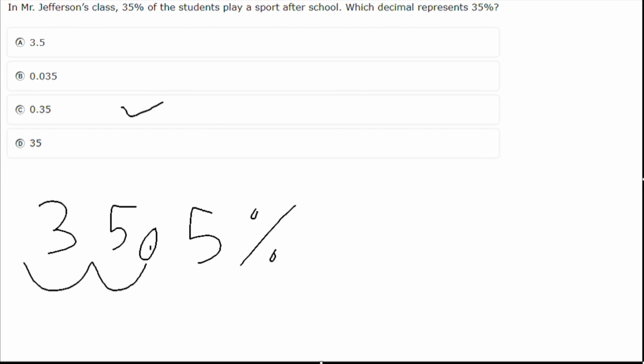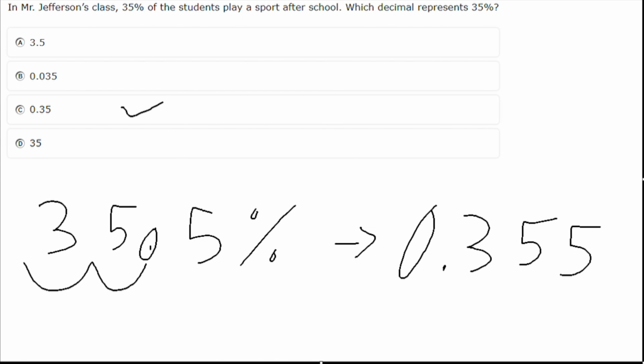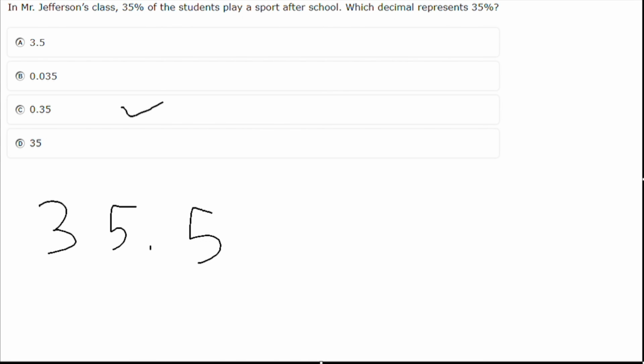And I'm going to explain why there's that difference in a second. So here our number is going to be 0.355. So why do we do it this way? Let me show you. The logic behind this strategy is this.